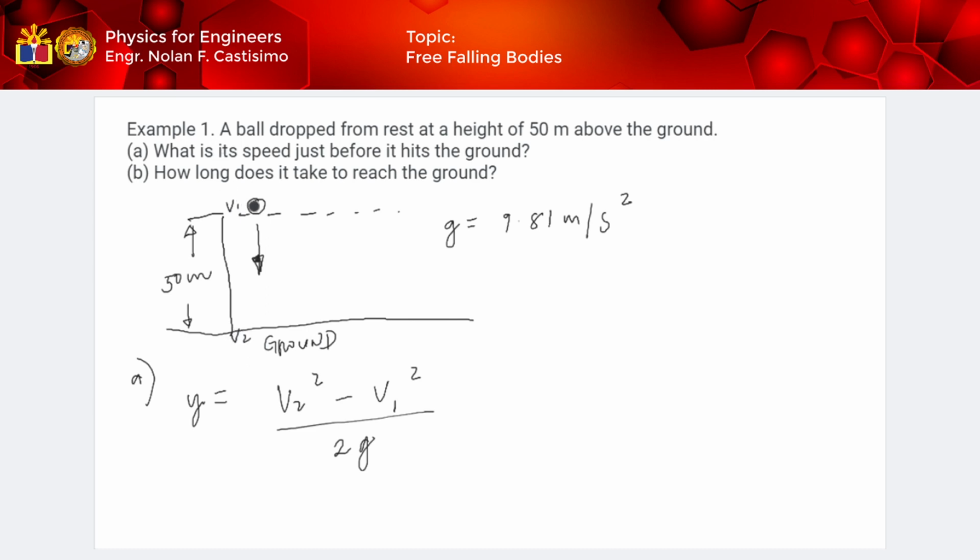Bakit? Kasi dito sa v1, andito. Dito magagaling yung bola, di ba? Tapos dito siya lalapag. So, andito yung final natin. So, we're going to use this formula. We have to cross multiply. So, manipulate lang natin.